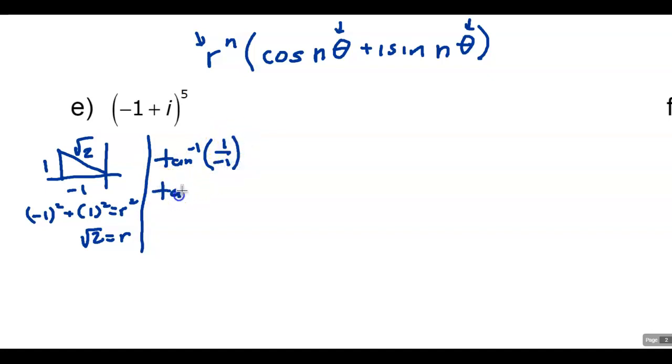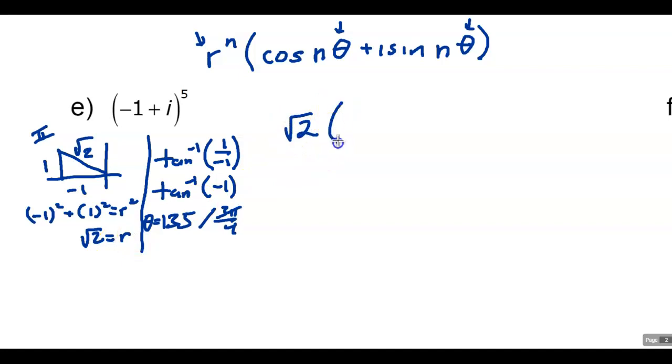So this is the arctangent or slope of -1. What angle has a slope of -1 in the second quadrant? That would be, once again, 135 or 3 pi over 4.